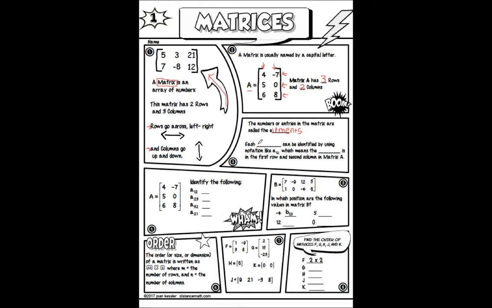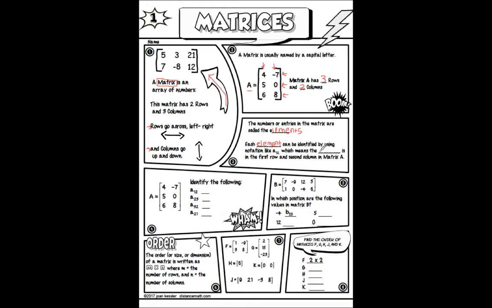Each element can be identified by using notation like A, 1, 2. The first number is going to be the row that element is on. The second number is the column.